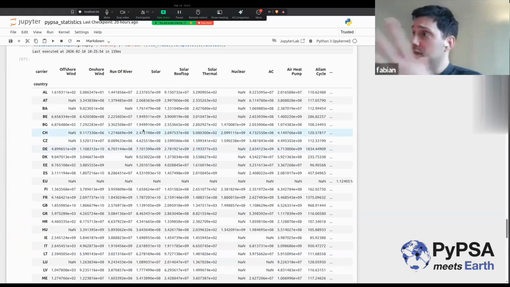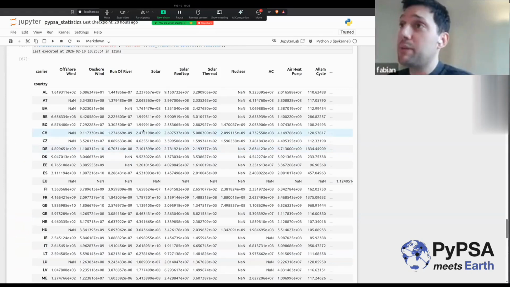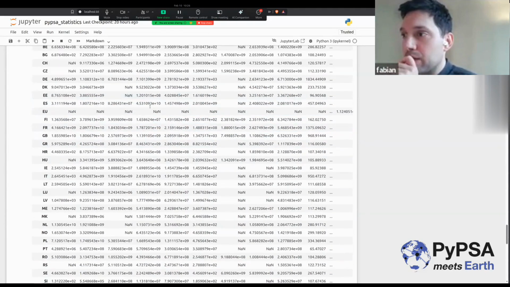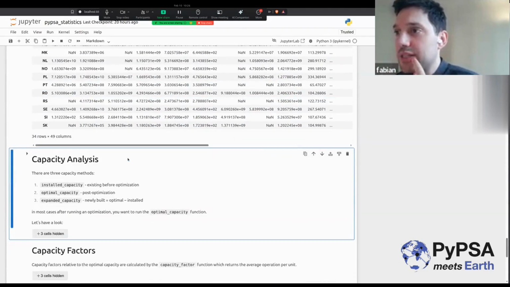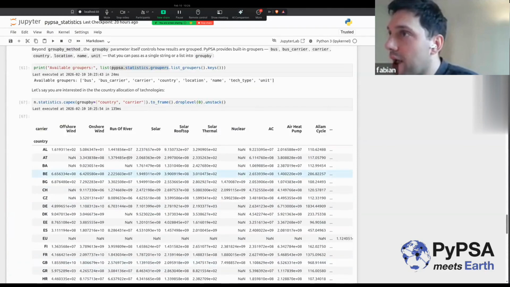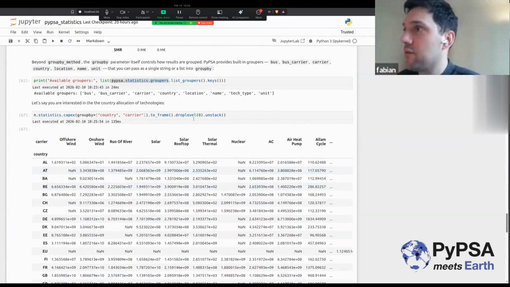And then we have quite a dense information about our CapEx installations, right? You have the countries on the left-hand side and the technologies on the top. So I leave this there. You get a feeling how you can use these group by arguments and how you can play around with it.